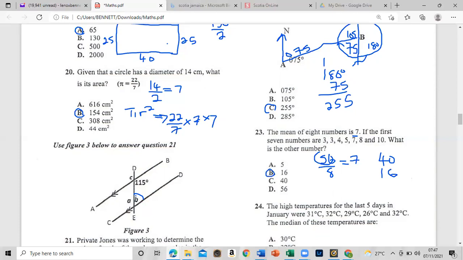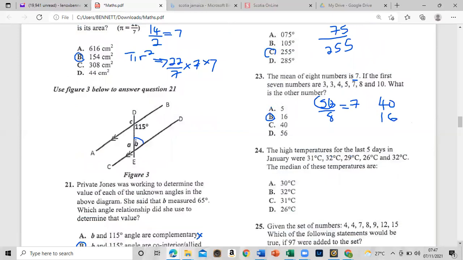All right, 24. The high temperatures for the last 5 days in January were 31, 32, 29, 26, and 32. The median, okay, so we must arrange them in ascending or descending order. We'll go with ascending. So 26 is the lowest number.